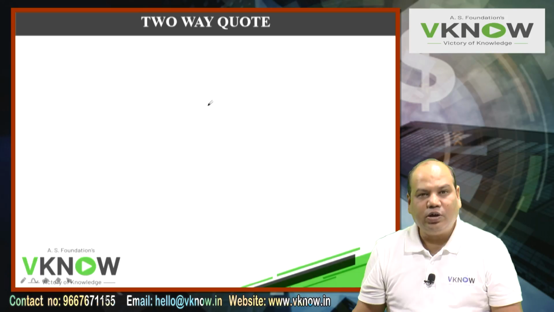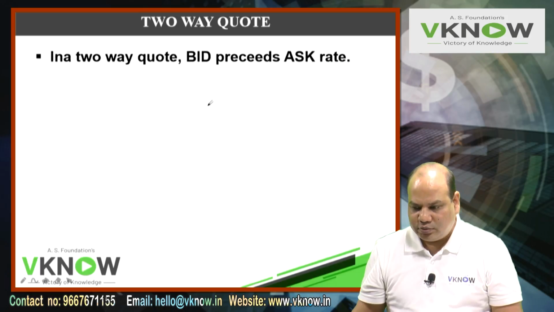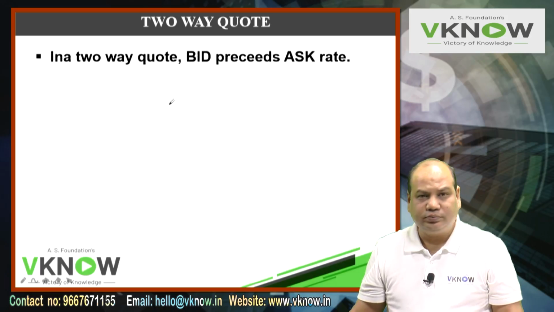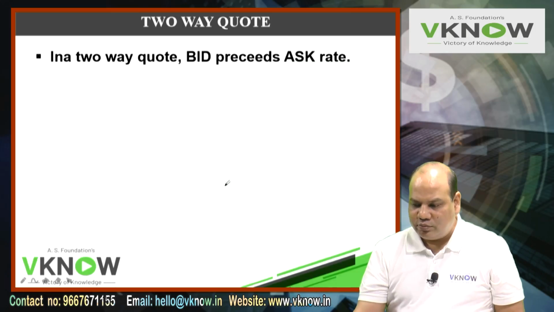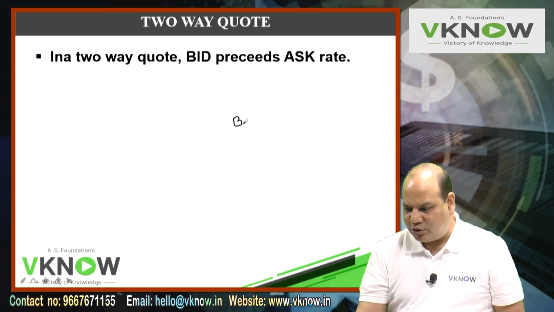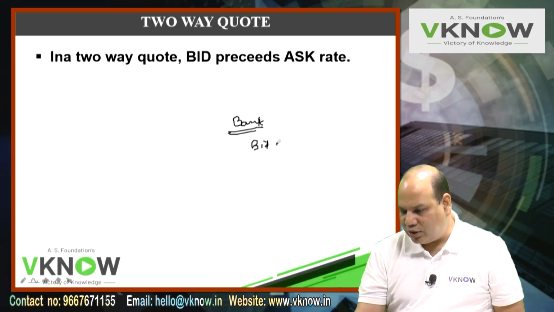What we will find in real world, when you go to any dealer, they will give you two-way quotation. You can check it also. If suppose you have a bank near your home or office, after this lecture is over, go there and you will find that there are two rates mentioned there on their electronic board, bid rate, ask rate.